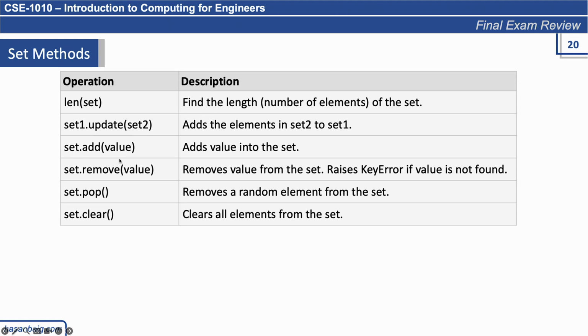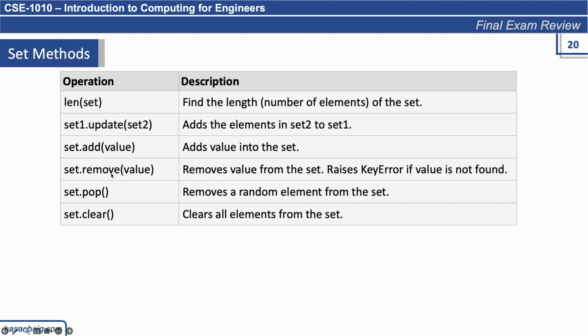So again, pay attention to this. If set 1 is 1, 2, 3 and set 2 is, let's say, 3, 4, 5, when you update, it will add the elements of set 2 into set 1 with only unique elements, which means 1, 2, 3 were already there, so it will only add 4 and 5.